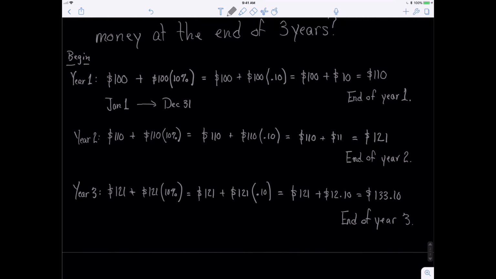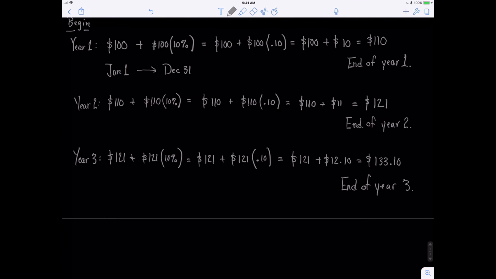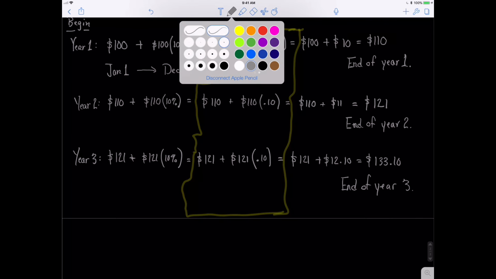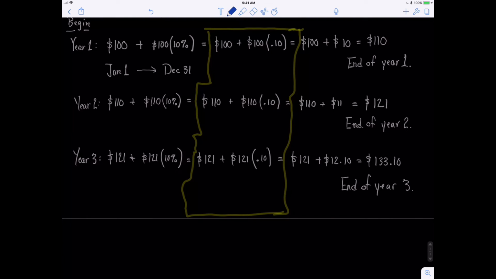Now, I want to take a look at this middle section here. For each one of these, let's take a look at just this part of our whole equation. I'm going to leave myself some space to write. Because look at this. I'm going to do this in a different color. We'll do back to blue. Notice that I can factor this problem. This first line, I have a common factor of $100, and it factors into 1 plus 0.10.